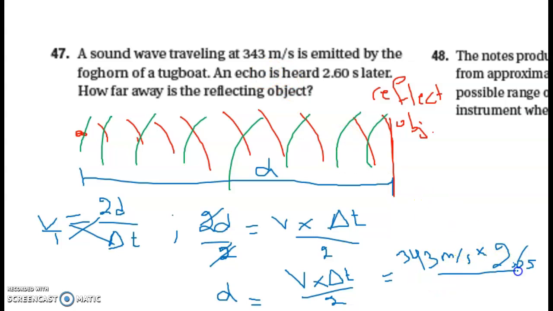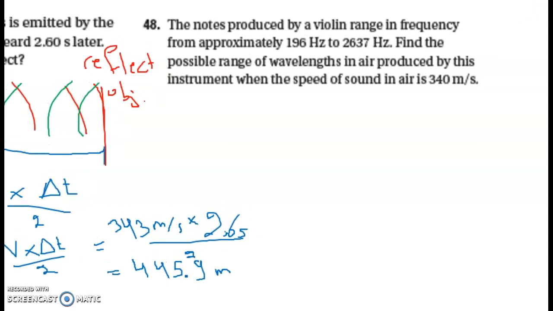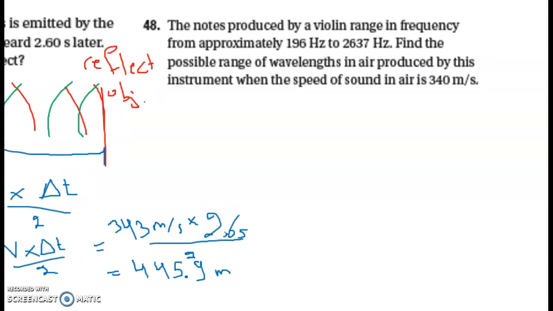So the answer is, I hope that you do not copy until you watch the video, so that you can understand the handwriting, 343 times 2.6 over 2, which is 445.9. So d is 445.9 meters.